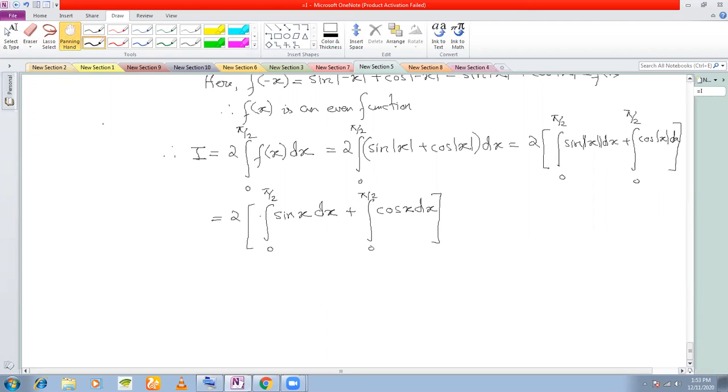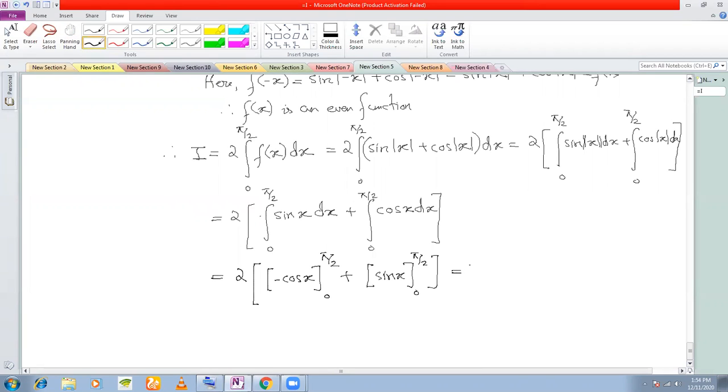So this is twice the integral: the integral of sin x is minus cos x, evaluated between 0 to pi by 2, and the integral of cos x is sin x, evaluated between 0 to pi by 2.